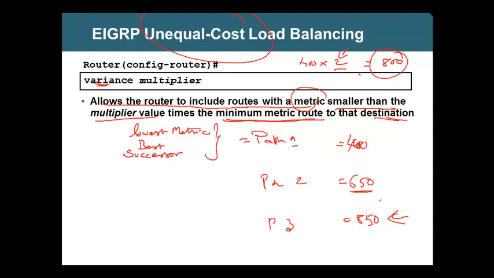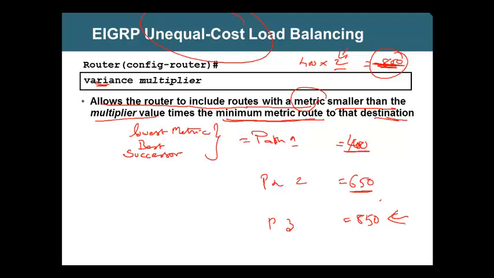What it has done is it has multiplied the 2 with path 1, the low cost path, the best metric, and you got a multiplier value. Now all the routes whose metric is lesser than or equal to the multiplier value will be used for load sharing, will be considered as the successor.